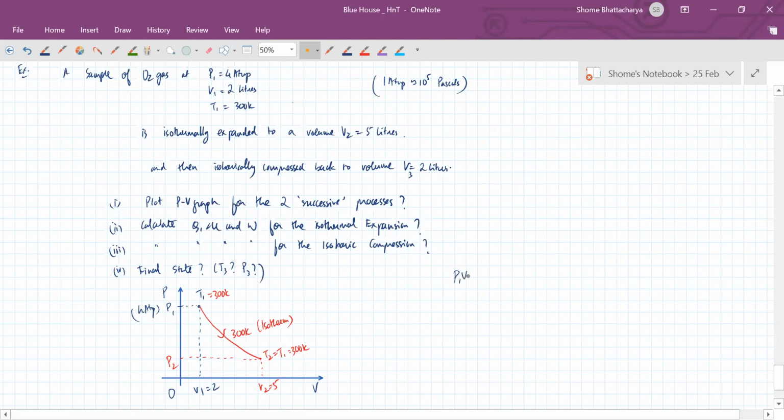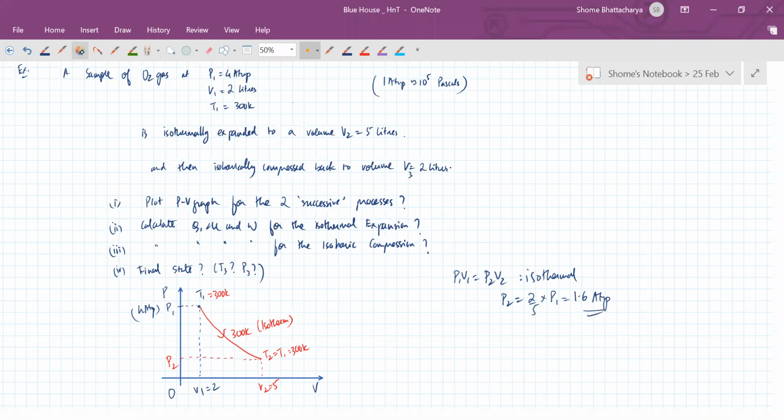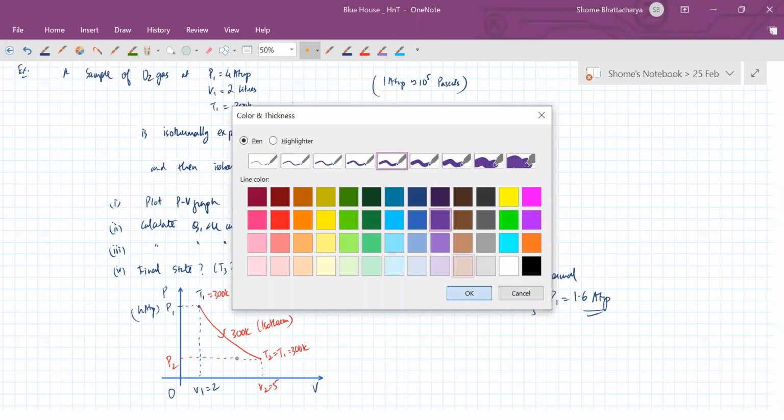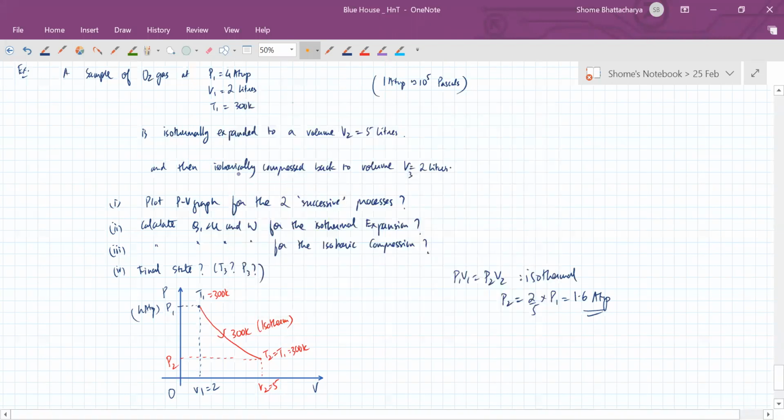So we can see that P1 V1 will be equal to P2 V2, isothermal. So we can also see that this final pressure will be 2 by 5 into initial pressure. So it will be 1.6 atmospheres. Okay. And then the second process from here is going to be an isobaric compression back to the volume of 2 liters.